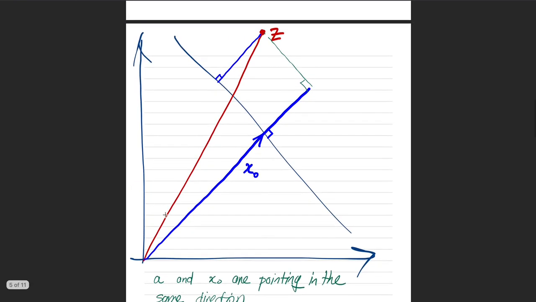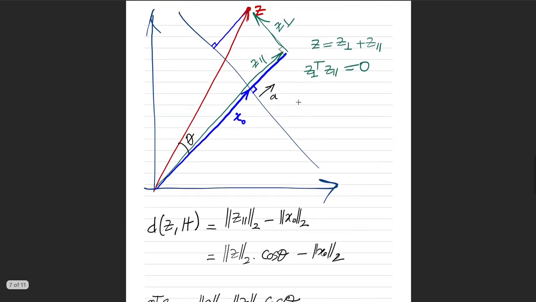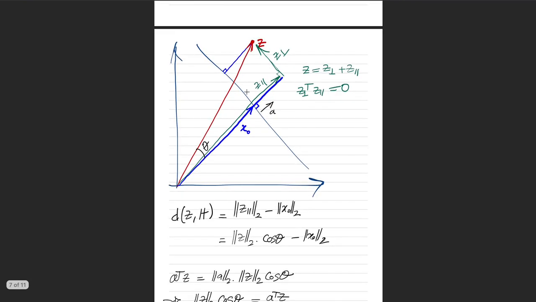Now the next thing is we need this whole length, and then we can subtract it, and what remains is this part. Okay. So let's decompose this vector z into two orthogonal parts, z orthogonal and z parallel, such that these two are orthogonal to each other, so the inner product is 0.